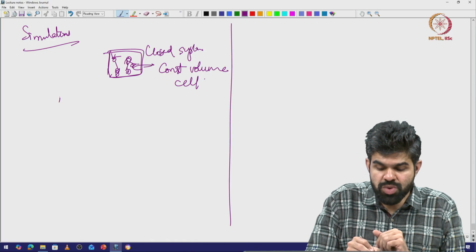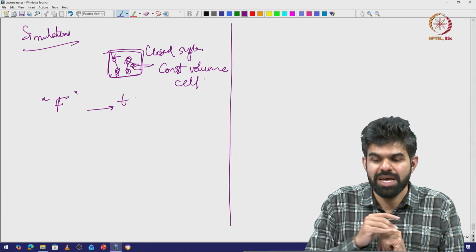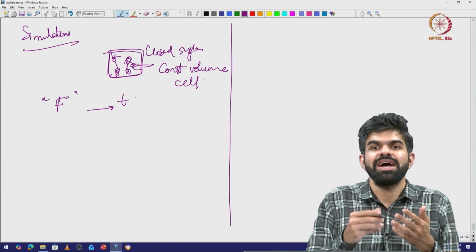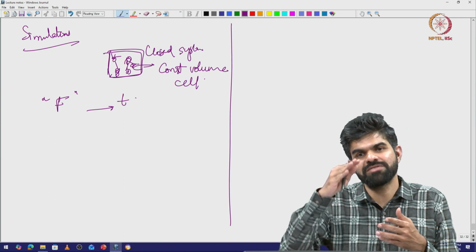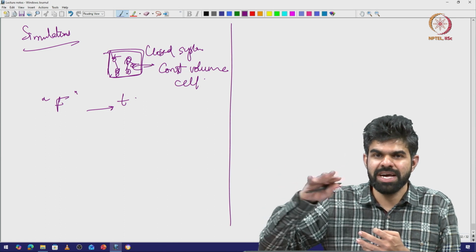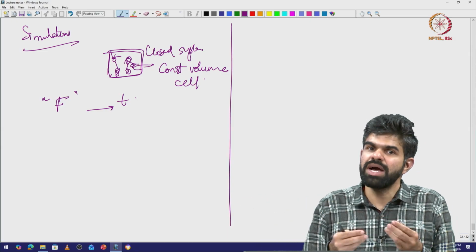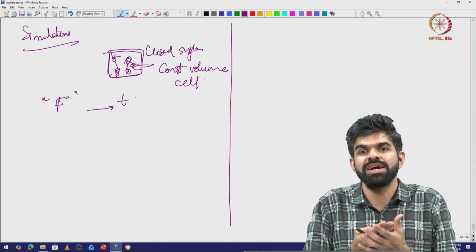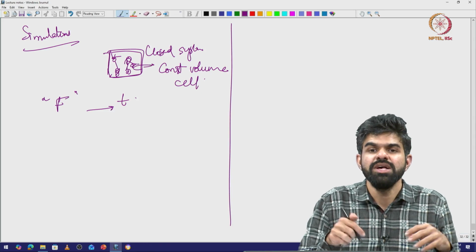So, what I am going to do is track F as a function of time. I set the simulation, then I define Helmholtz free energy, and I track F as a function of time. Whenever it has reached the minima, that is when I say that now I have come to an equilibrium where hydrogen has reacted with oxygen and formed water.